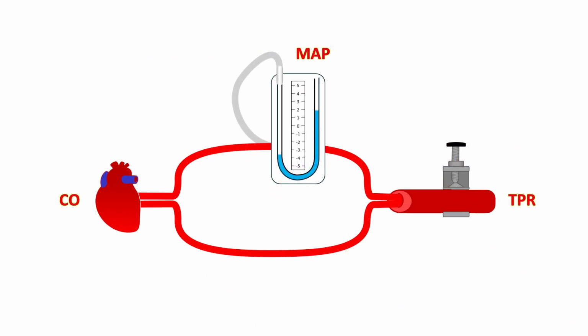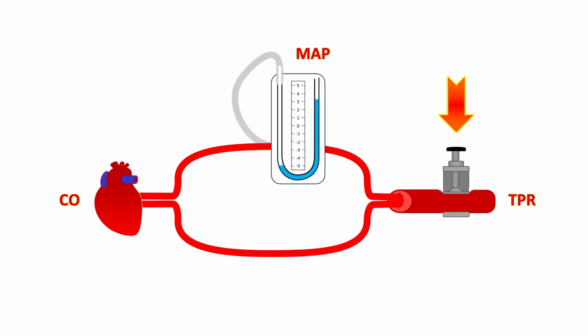Here's a simple visual model. The heart acts as a pump, generating flow, while blood vessels provide resistance to that flow. With each heartbeat, pressure rises and falls around a baseline.